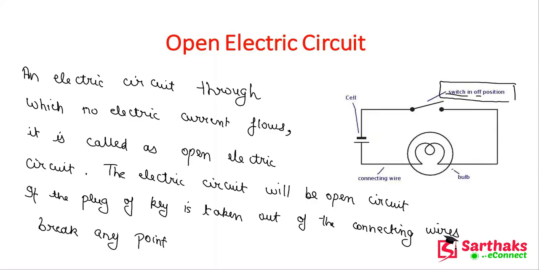So it is an open electric circuit. It is a diagram of an open electric circuit. I hope this is clear to all of you. In an open electric circuit, no electric current flows through it.